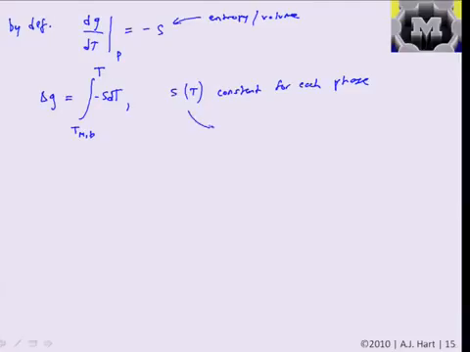So when I say assume that S of T is constant for each phase, what I mean is that for a liquid, we have a value S for the liquid, and for a solid, I have a value S for the solid. So then this just becomes a simple subtraction.